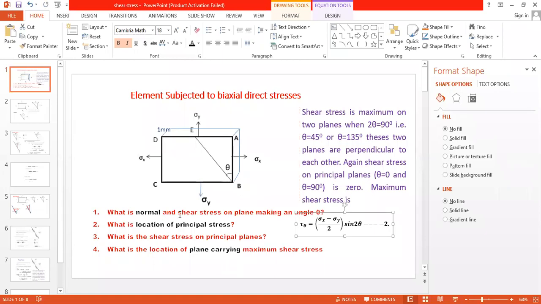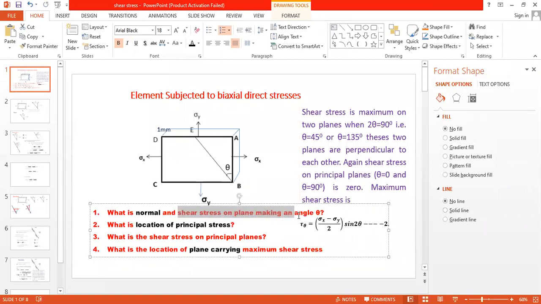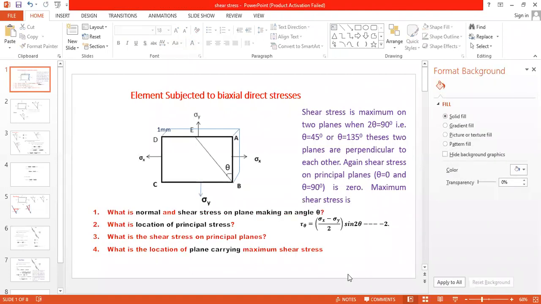Means this is the value of the shear stress on a plane making an angle theta. Now see here. What is the principal plane here? Principal plane is AB. Am I right? AB and AD. Is it correct? These are the two principal planes. Now, what is the shear stress on these planes?